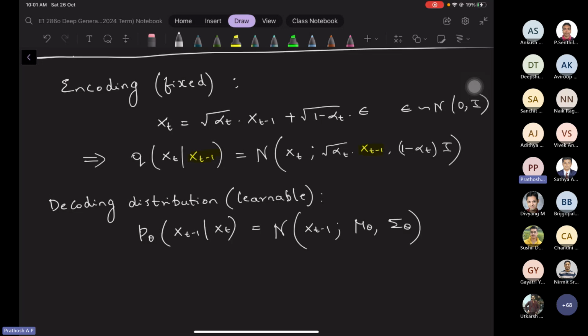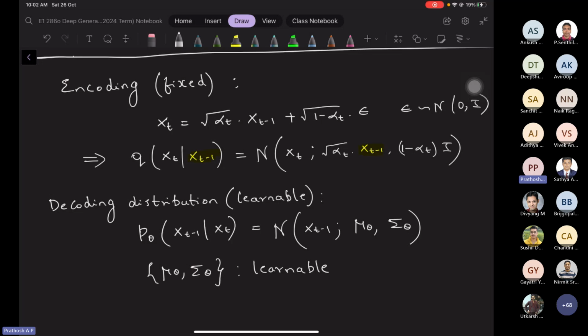So this mu theta and sigma theta are the learnable model parameters. This is what we will learn. Given the fixed encoding distribution, we will make a distributional assumption on the decoding distribution and learn its parameters.